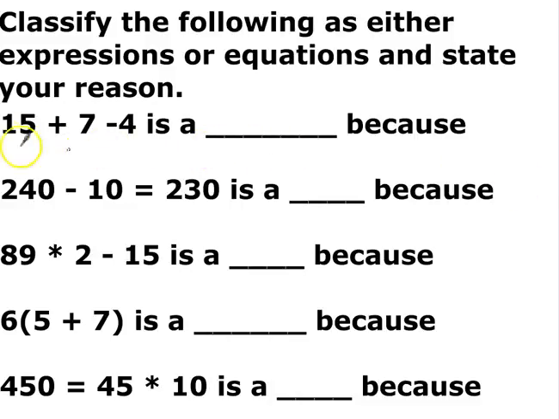And here we go. 15 plus 7 subtract 4 is a, Julia, what did you and your partner decide? And if you said it was an expression, you are correct.